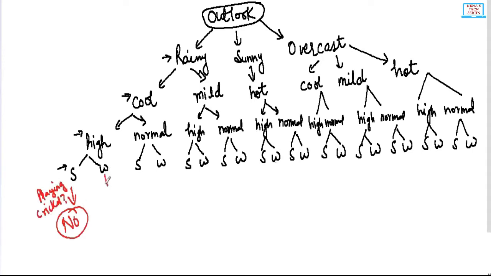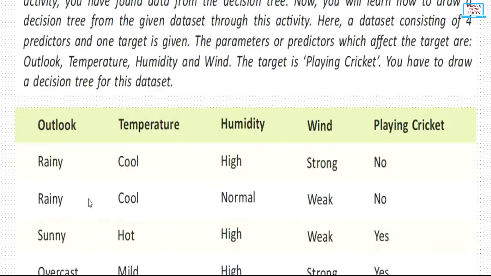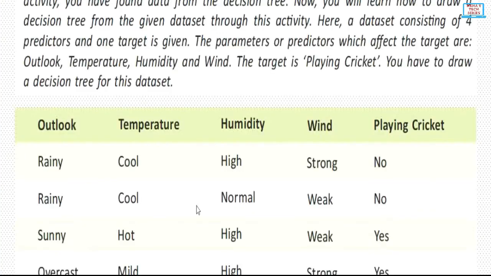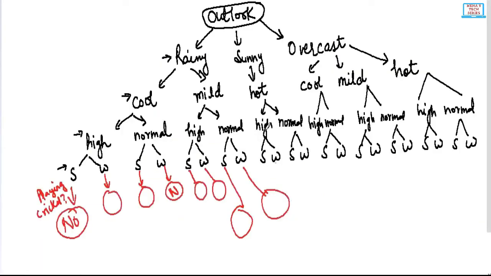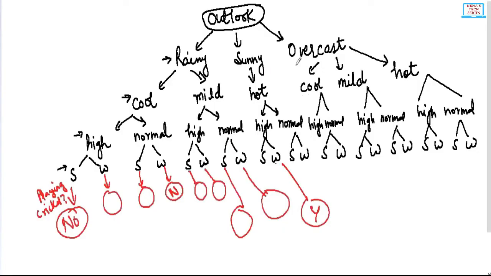So here it is no. So like this all the options will have answer whether yes or no. Rainy, cool, normal, weak, then also it is no. Sunny, hot, high, weak. This one is yes. Then overcast, mild, high, strong. This one is yes.